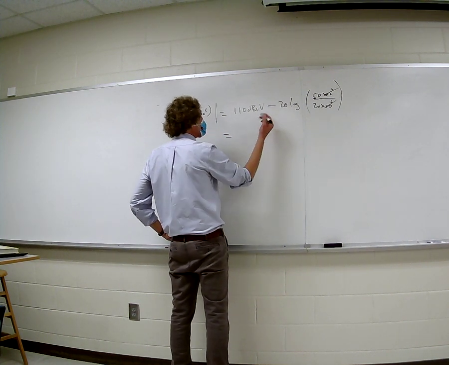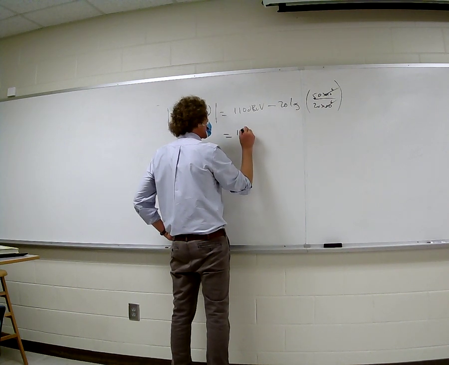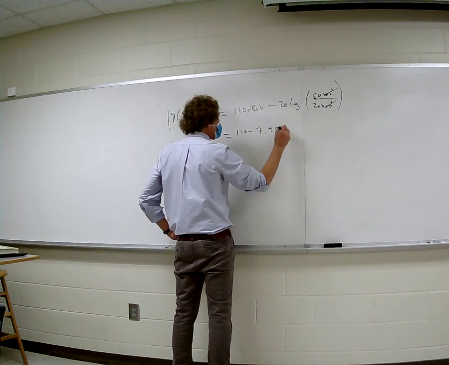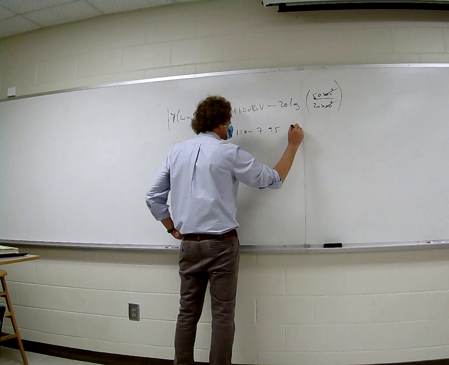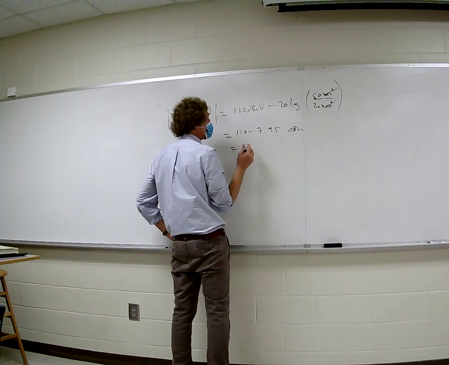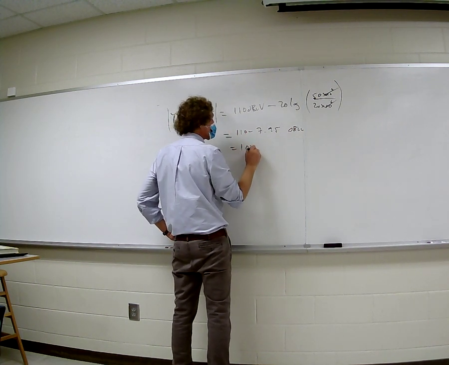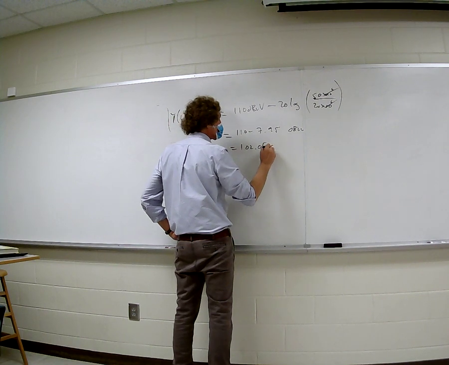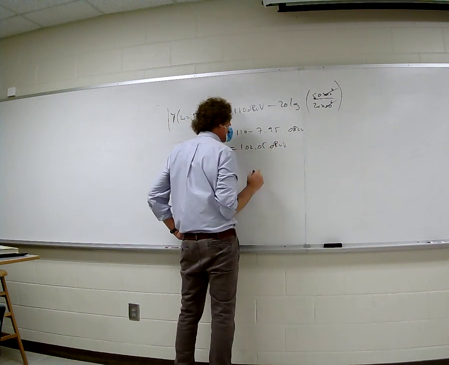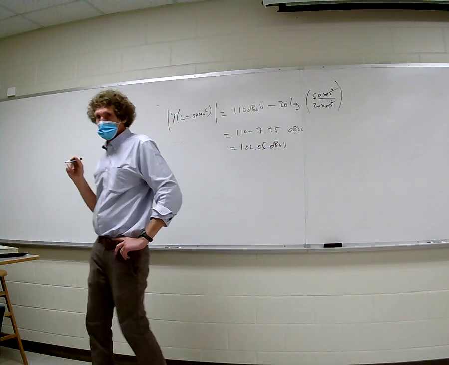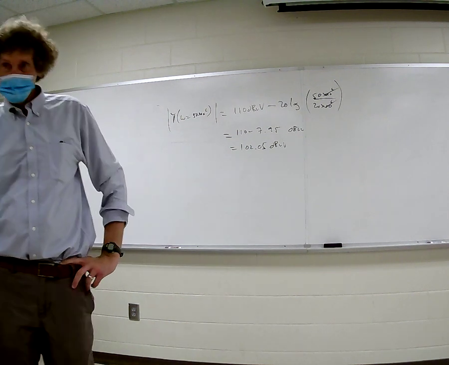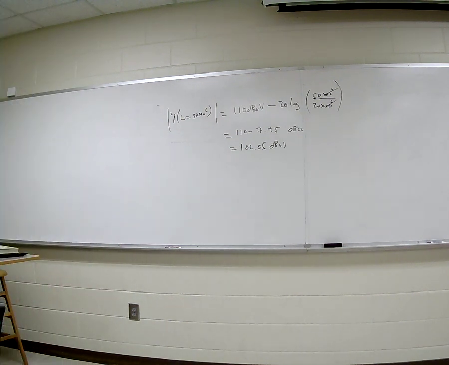Oh, but I didn't subtract it from the... So it's 110 minus 7.95 dB microvolts. And what's that actually? 102.05. Is that what it is, William? That's what the book has. Oh, sorry. Yes. All right, you all see what I did there? That's the way to do these problems.